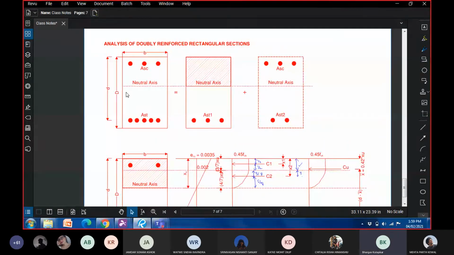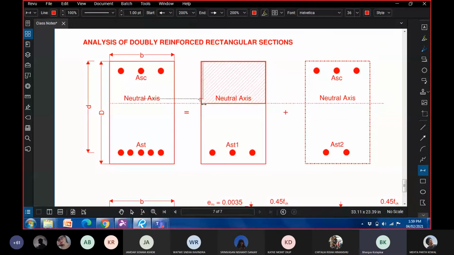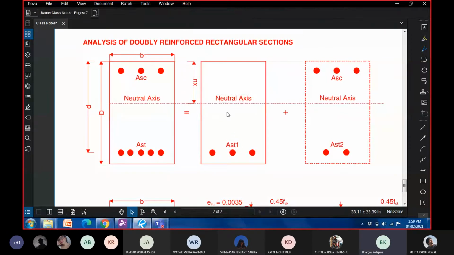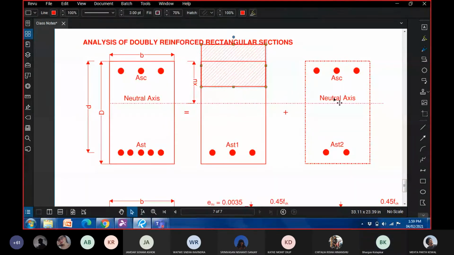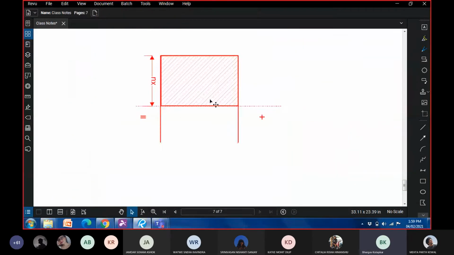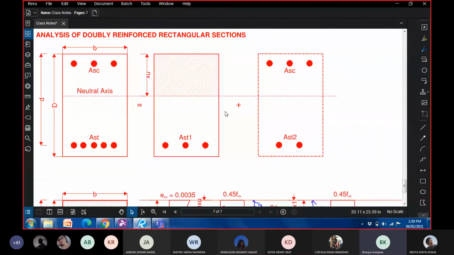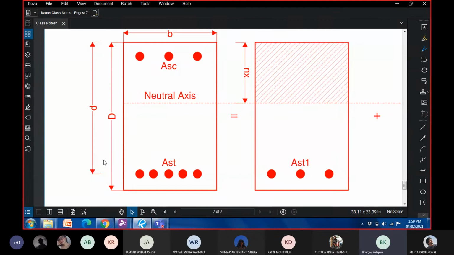Now just some important parameters. This is Xu, depth of neutral axis. Then this is effective depth.